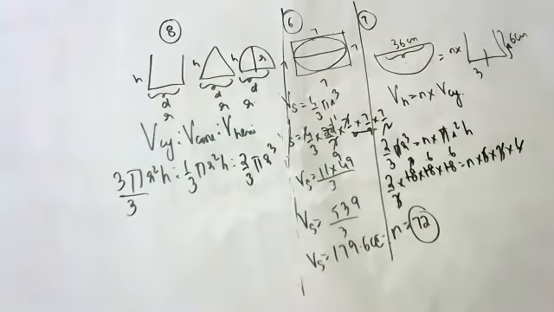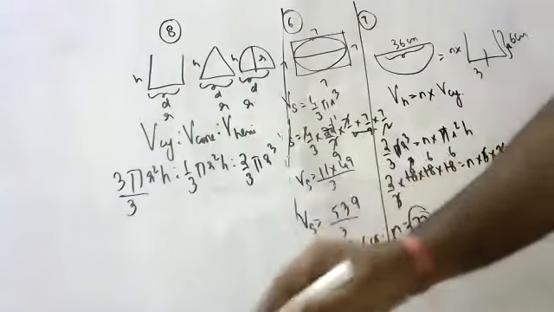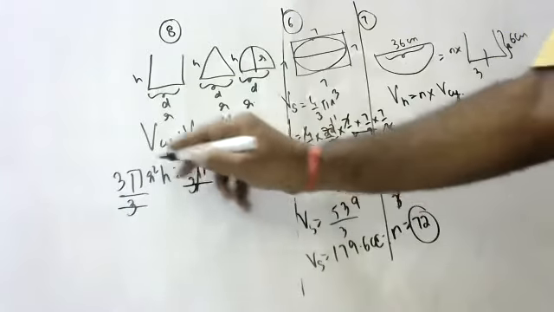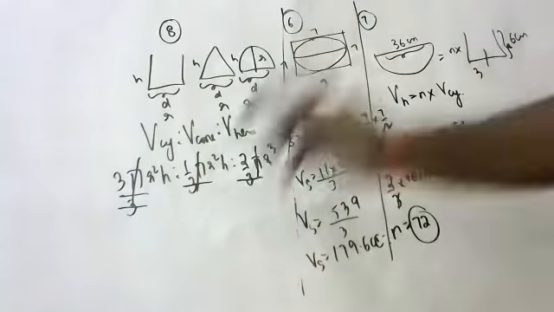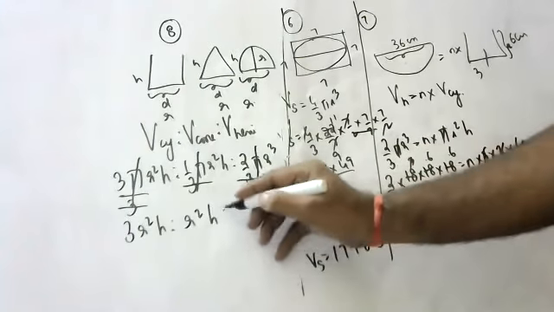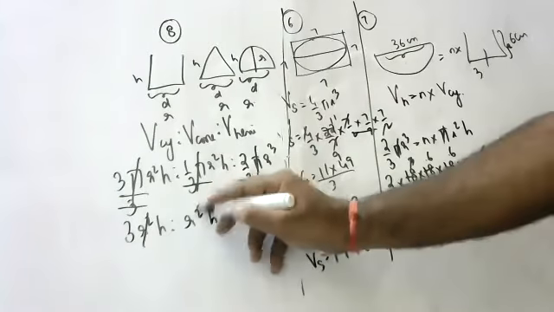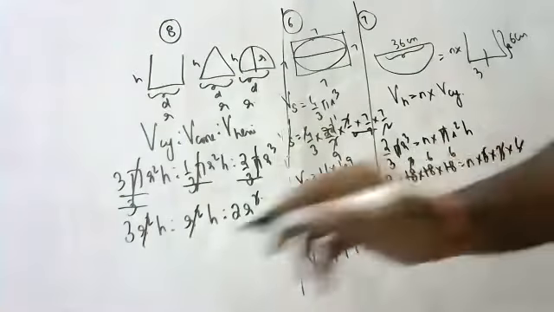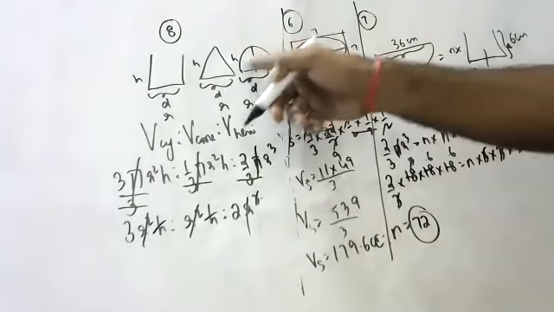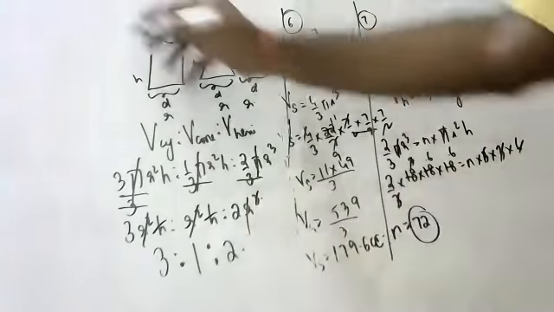Cancelling pi, what is left over? 3 r square h, r square h, and 2 r cube. R is H only for the hemisphere. So the ratio is 3 is to 1 is to 2.